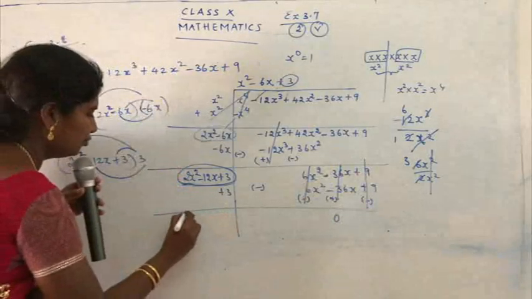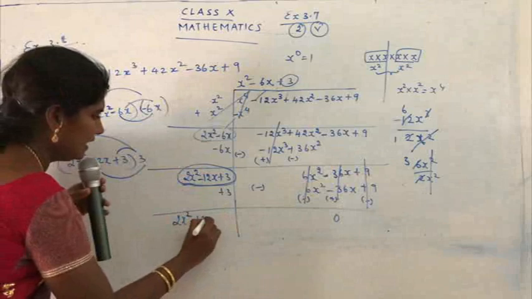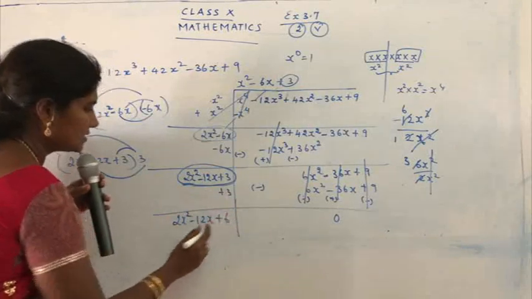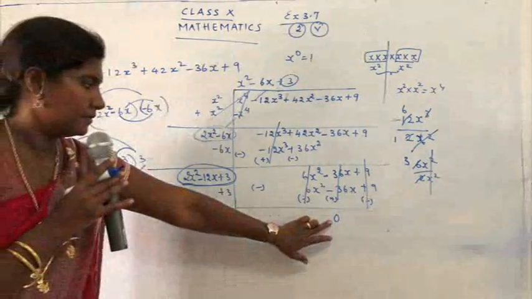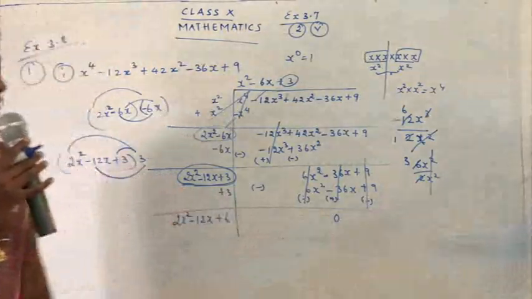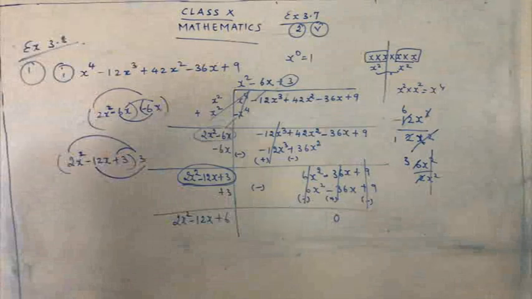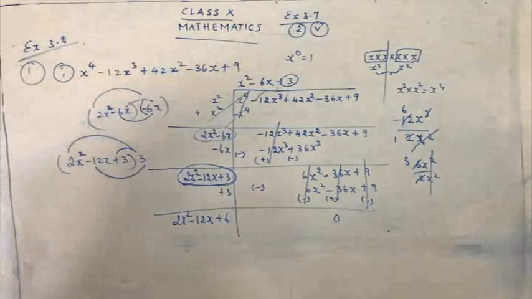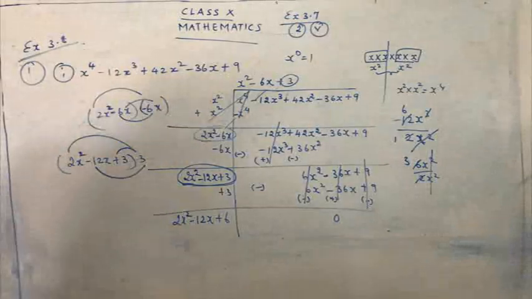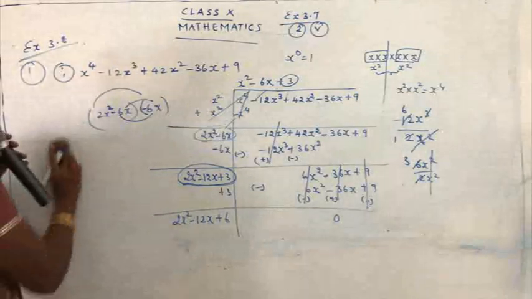We just write here 2x square minus 12x plus 6. So we have arrived at the remainder as 0. So we complete our division step and now we have to write our final answer.